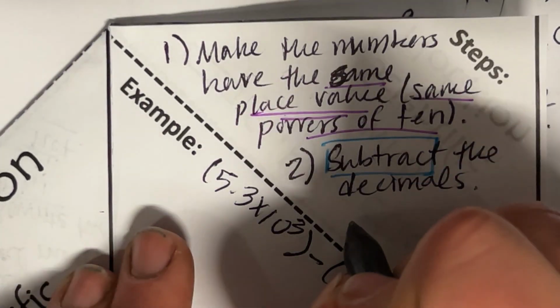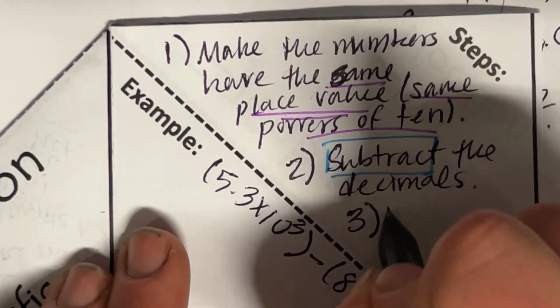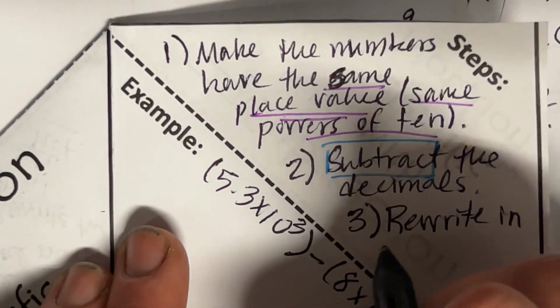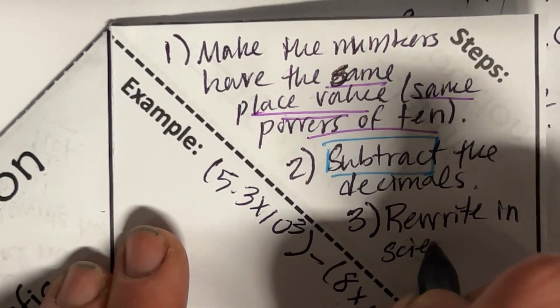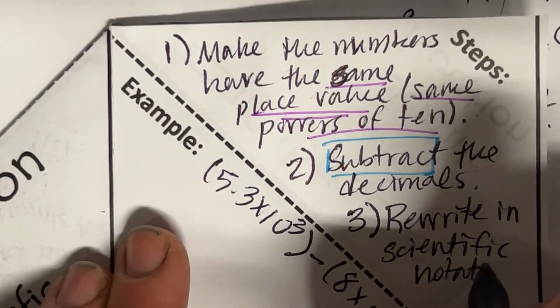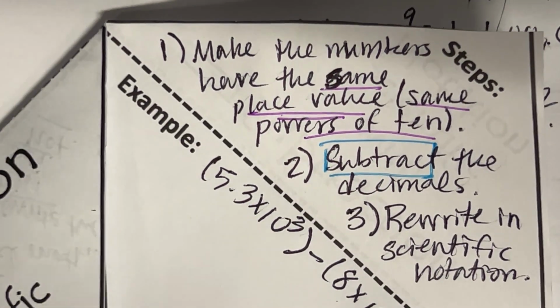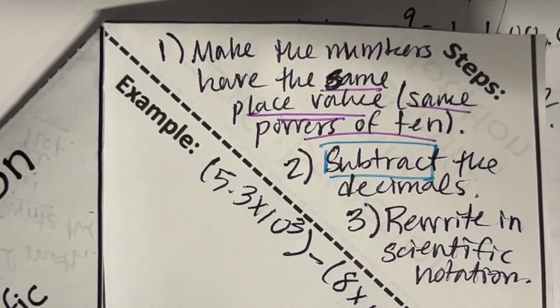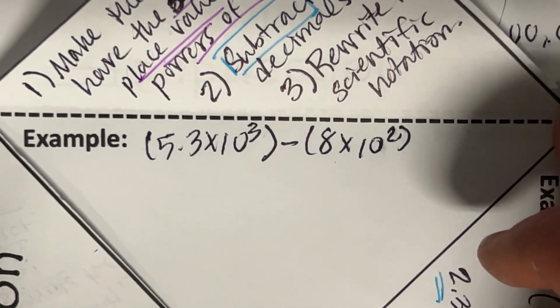And then last but not least, just like all of the others, my step 3: rewrite in scientific notation. Simple enough. Okay? After you've gotten that written down, let's practice it.